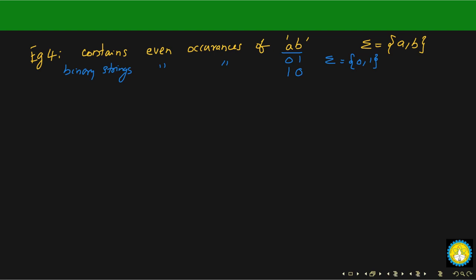So let's look at this example, based on which you can also draw the others. We are going to design a DFA which accepts even occurrences of AB. And remember, the alphabet set here is A, B. There is a very important thing to be remembered here. Whenever you are asked about even occurrences, remember that 0 is also an even number.